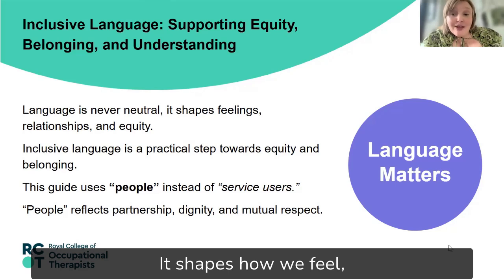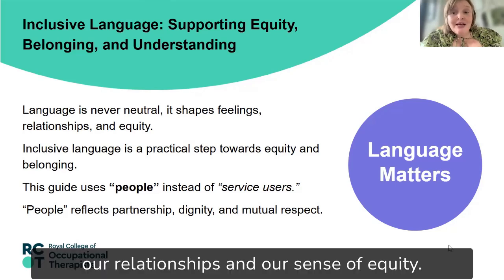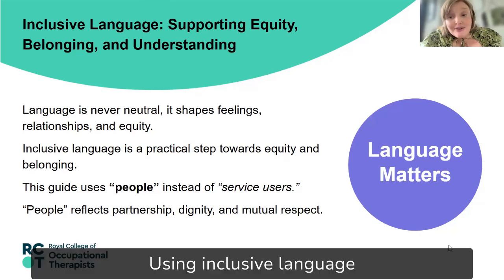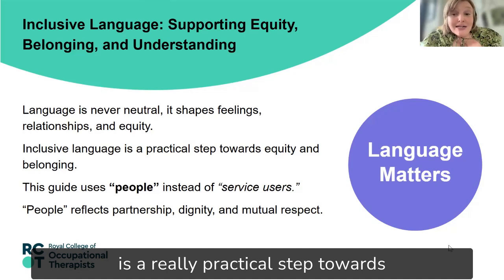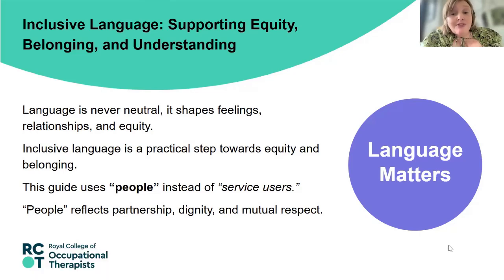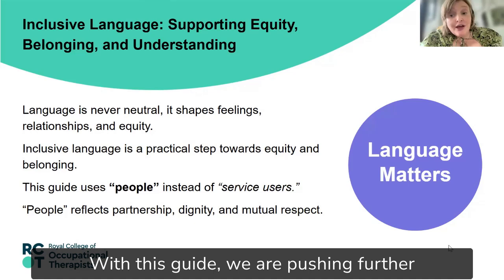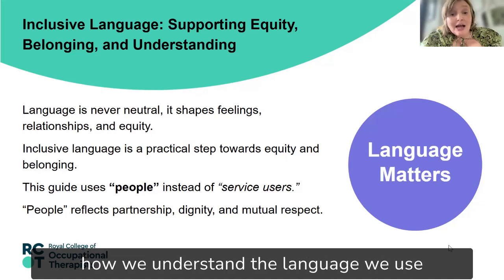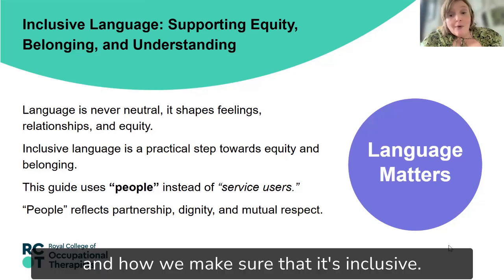So, language. Language is never neutral, is it? It shapes how we feel, our relationships, and our sense of equity. Using inclusive language is a really practical step towards creating equity and belonging. With this guide, we are pushing further how we understand the language we use and how we make sure that it's inclusive.